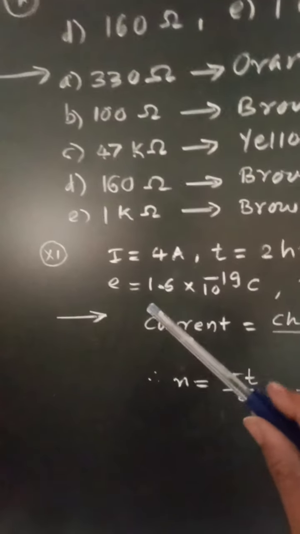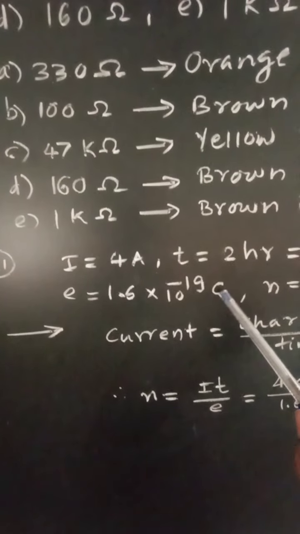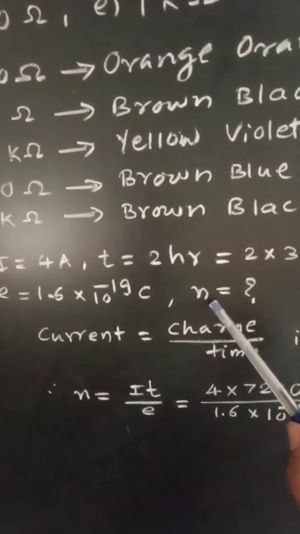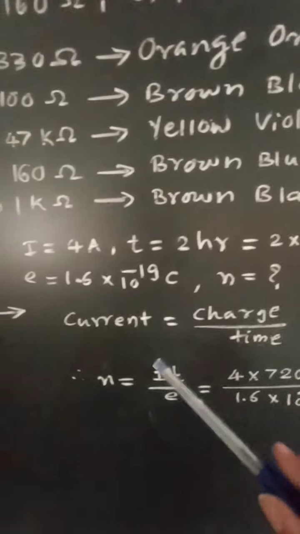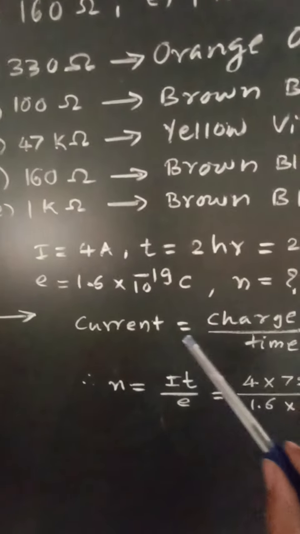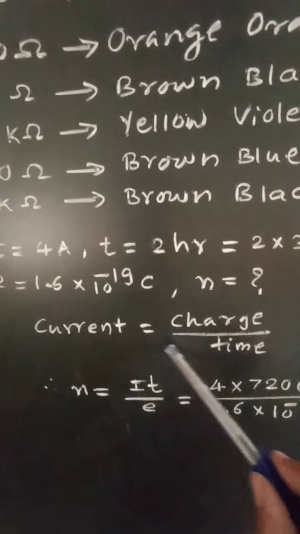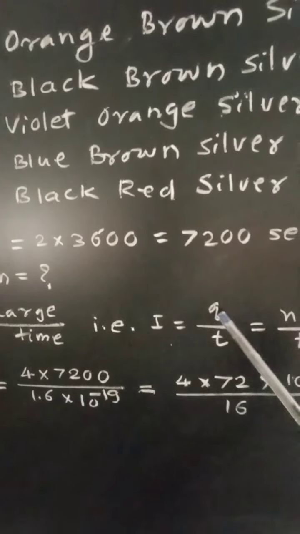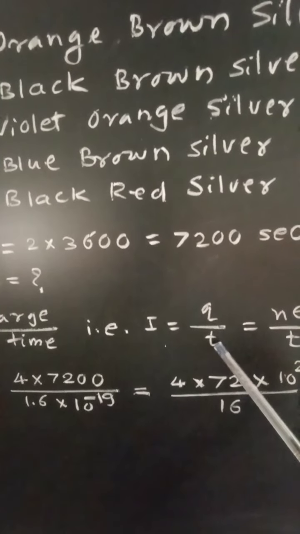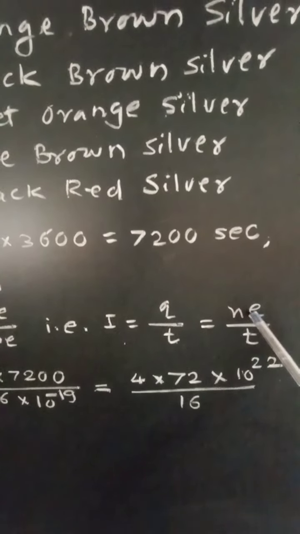Then charge on electron e is given 1.6 into 10 raised to minus 19 coulomb, and we have to find out the number of electrons flowing, N. But we know that current is rate of flow of charge, that is charge per unit time. Current I is equal to Q by T, but Q will be equal to N e.